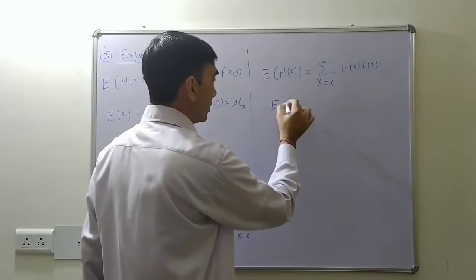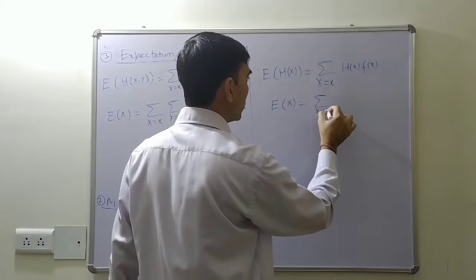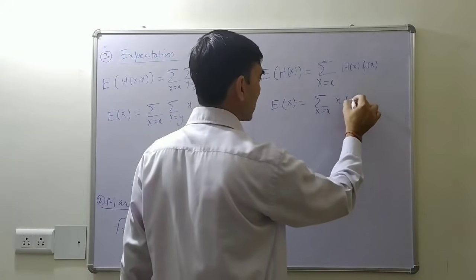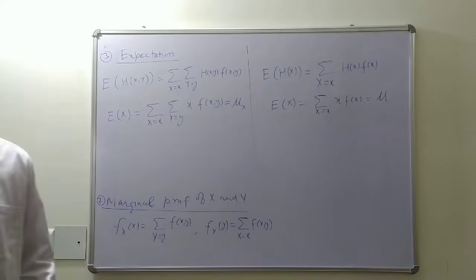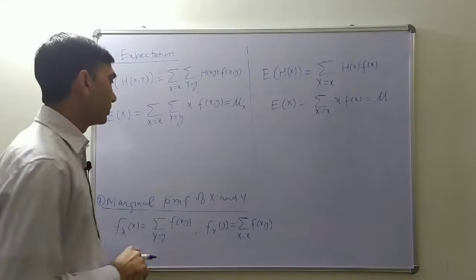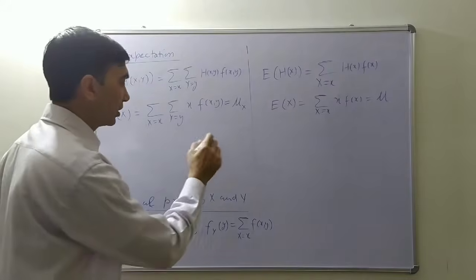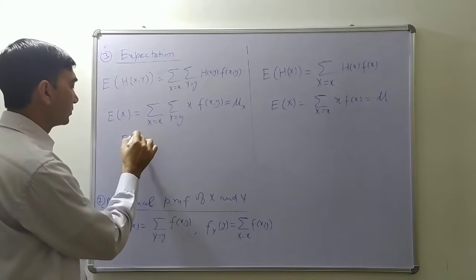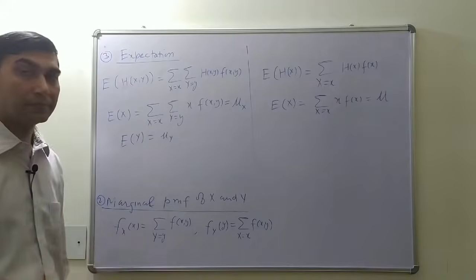In case of single random variable, E(x) is summation over x, x f(x). That we denoted by mu. Likewise, you can define expectation of y, and we can denote that by mu y. Okay?